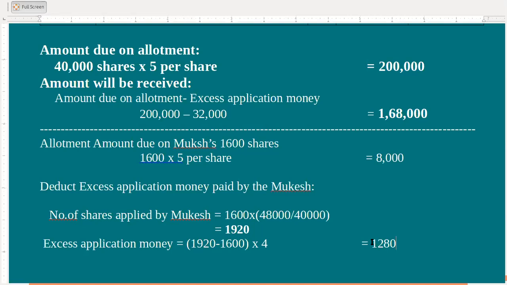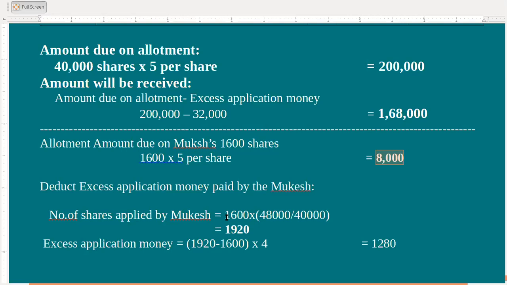Listen here. In this adjustment, we first calculated the allotment money due on 1,600 shares of Mukesh, which is rupees 8,000. Now we know this 1,600 is allotted based on the pro rata allotment, so more shares were already applied by Mukesh.